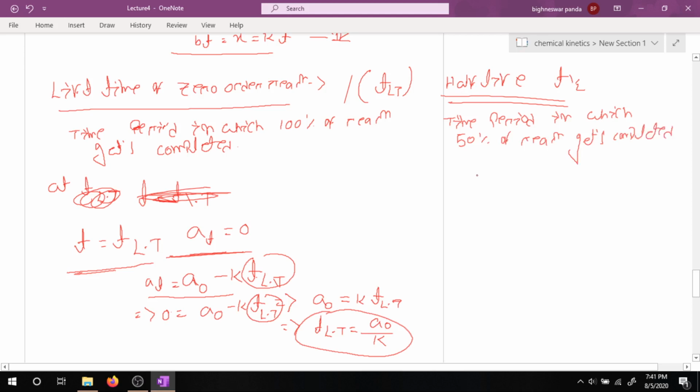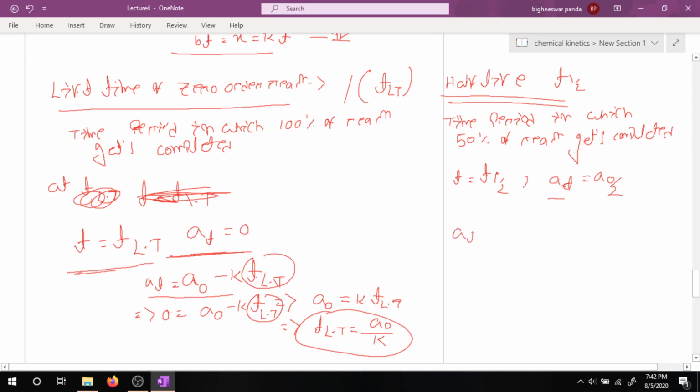So at t is equal to t half, At is equal to A naught by 2. 50% of the reaction gets completed means 50% of the reactant is consumed.